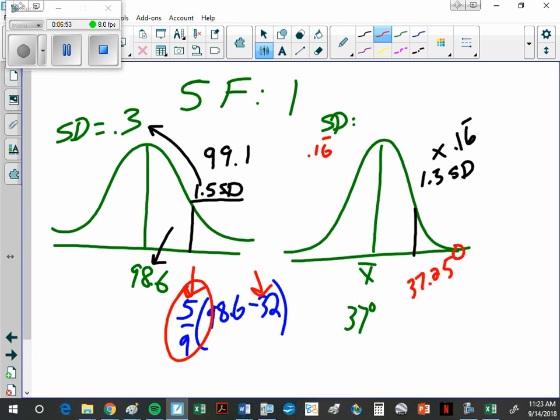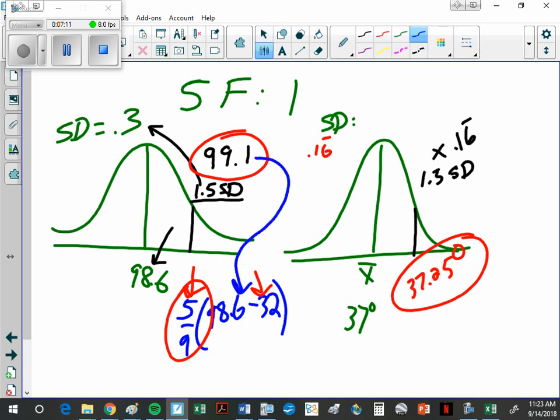How can I double check and make sure I did it right on both sides? How can I tell if this number and this number are actually the same? Just plug in your Fahrenheit degrees into this equation.